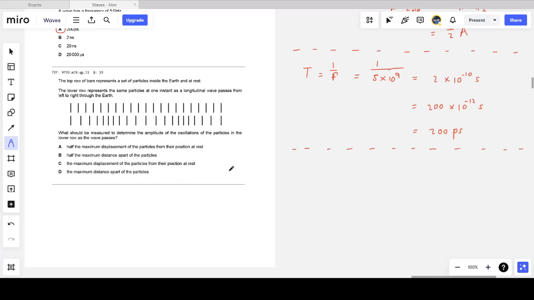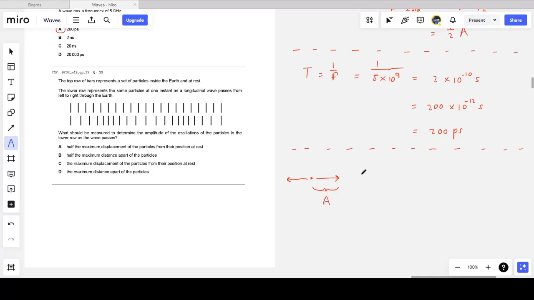Now, this is a bit of a confusing one, but if you remember, by definition, if I take a single particle in a wave and I look at its oscillation, it could be a sound wave as well, then the amplitude of oscillation is the distance from rest position to maximum displacement, right?